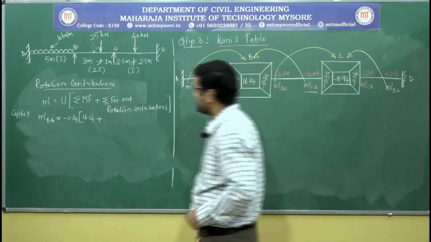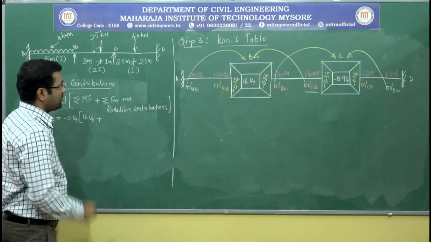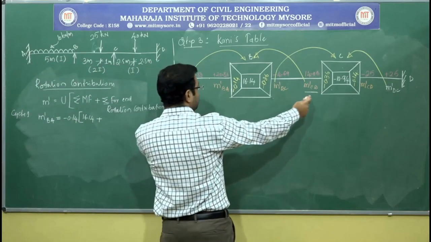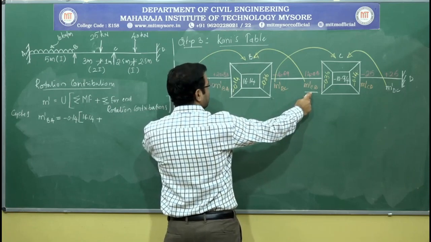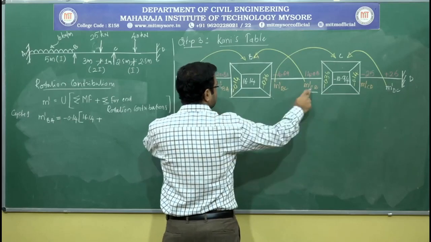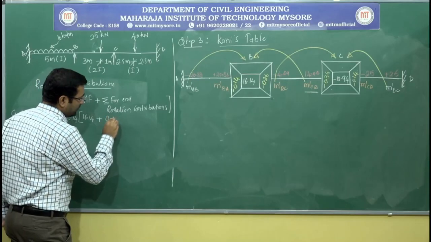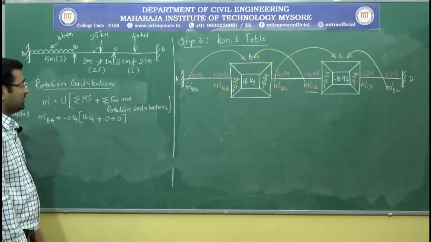Now see here, the far end rotation contributions. So far end rotations are, for B joint we have two members and these are the two far end rotation contributions. So right now these two are 0 because in the first cycle we have not done anything. So it will be 0 plus 0, 0 plus 0.